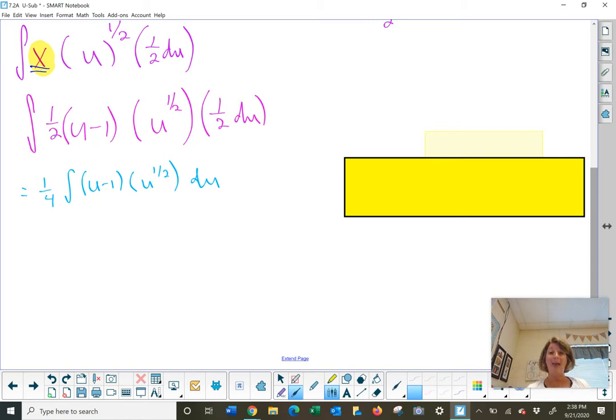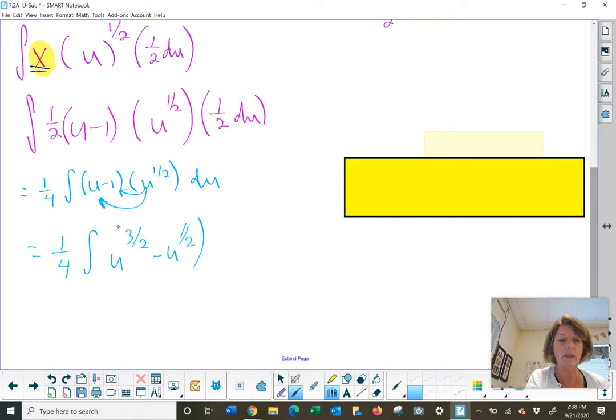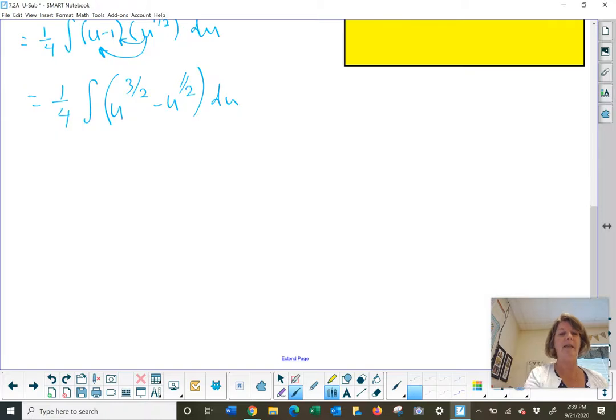How do you integrate that? Easy. If I can get to a polynomial, I can integrate. So let's distribute on this. And that distributive would be u to the 3/2 minus u to the 1/2 du. Ooh, this is looking good. Polynomials, love them. They're easy to integrate.